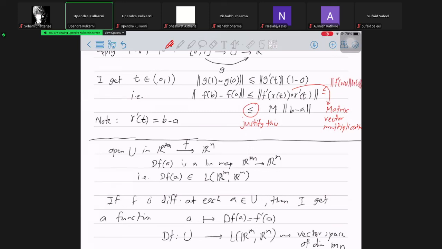We proved that the norm of an operator A applied to a vector v is less than or equal to the operator norm of A times the norm of the vector v. That was a very easy thing, in fact the very first property. The only extra thing to recognize here is that the operator norm of gamma prime of t is the same thing as its Euclidean norm, because it's just a column vector.